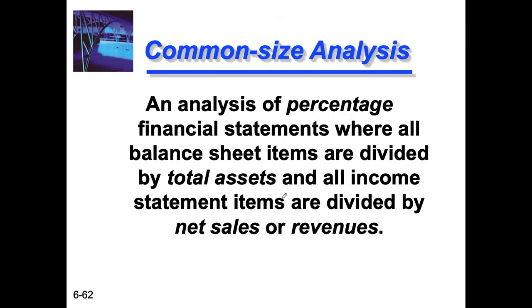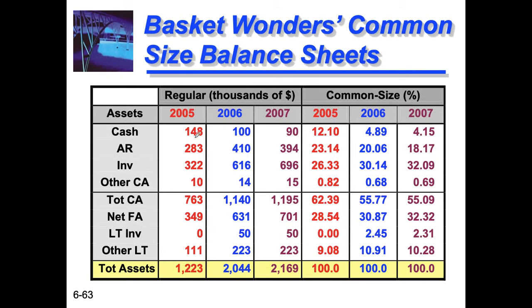For common size, balance sheet items are divided by total assets. So here, for cash is 148 per this total assets, so 12.10%. So everything is divided by its total assets.